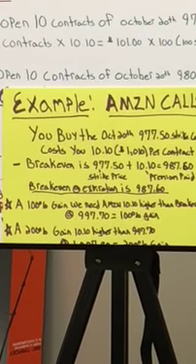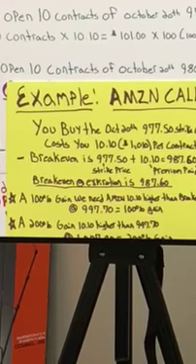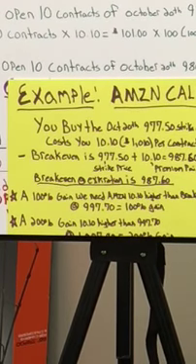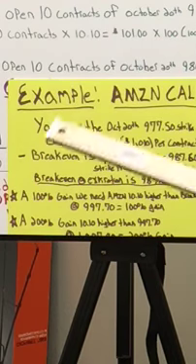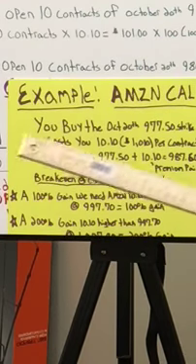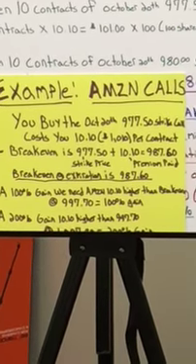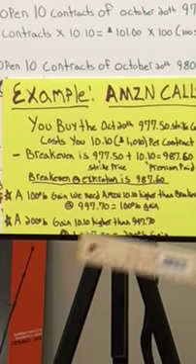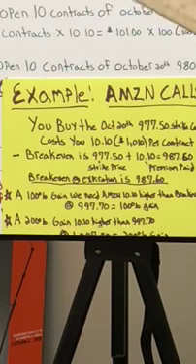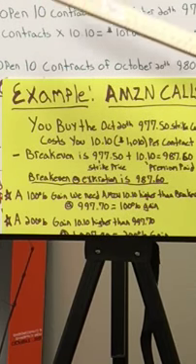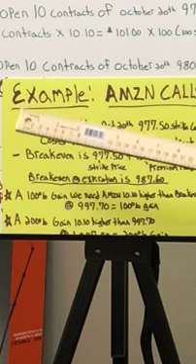All right, so let me get a little something here besides my laser pointer. My laser pointer's a little shaky here. So, all right, guys, so basically this is the same thing as we were going over before. In the example up here, we went over the Amazon debit call spread. Here we're going to go over Amazon calls.